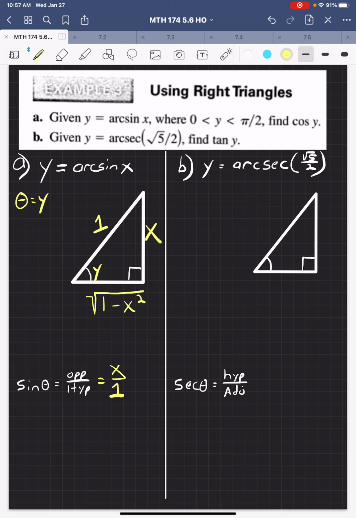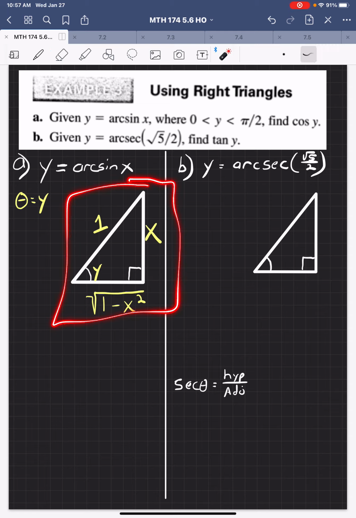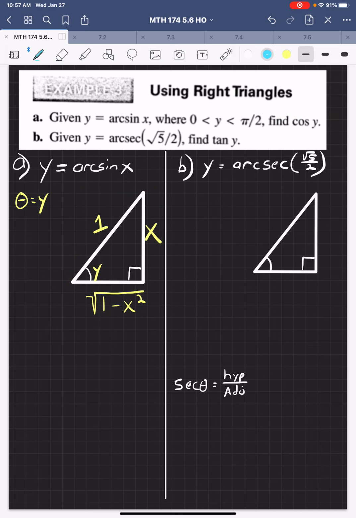So where do we go from here? What are we trying to do? Well, now that we've built our right triangle, let's see if we can use this right triangle to figure out what cosine of y is, right? That's the goal. What is cosine of y?